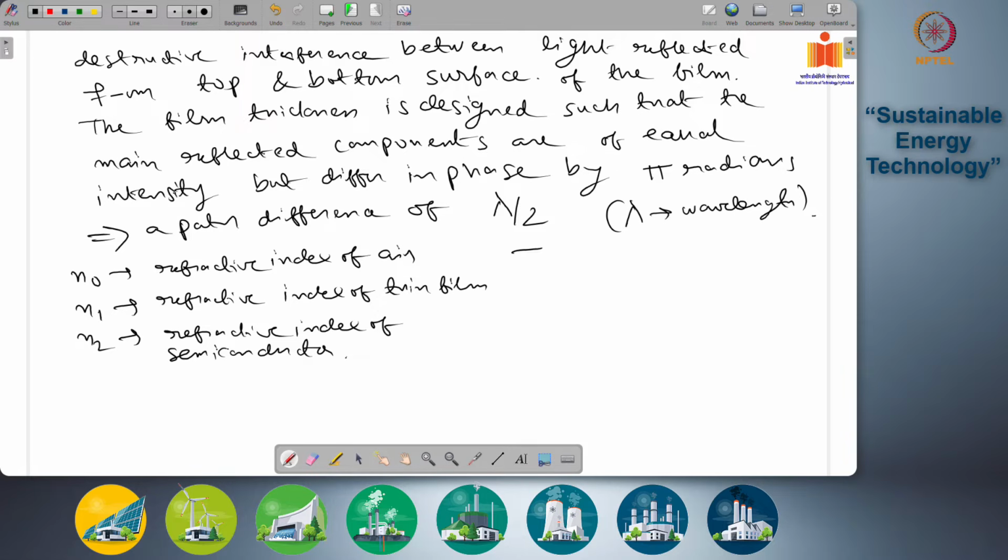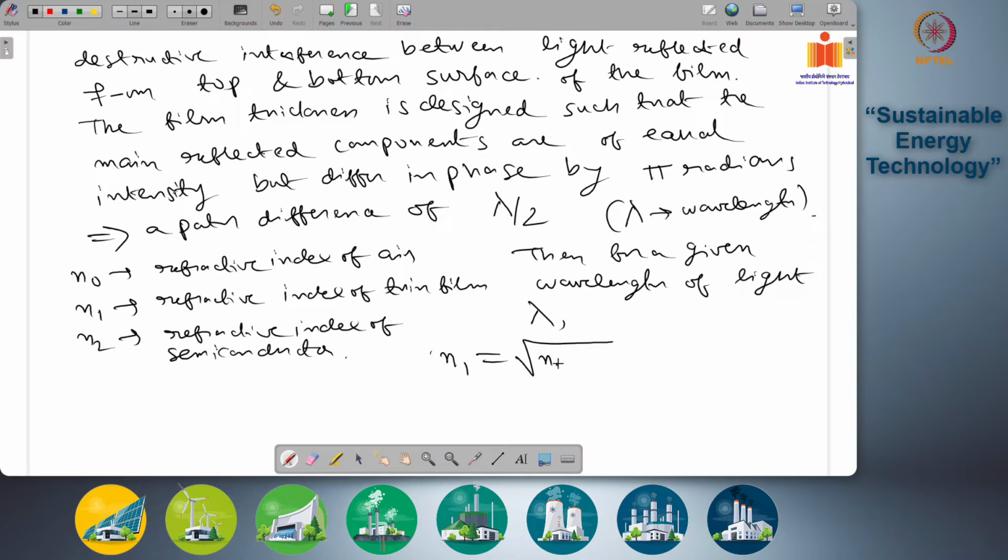Then for a given wavelength of incident light, lambda, N1 should be equal to root over N0 N2, and film thickness T should be equal to lambda by 4 N1. Okay.